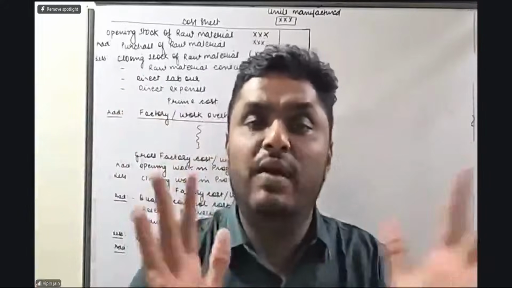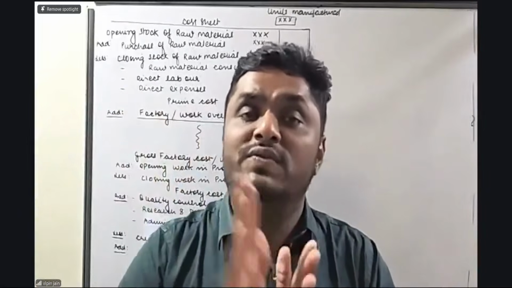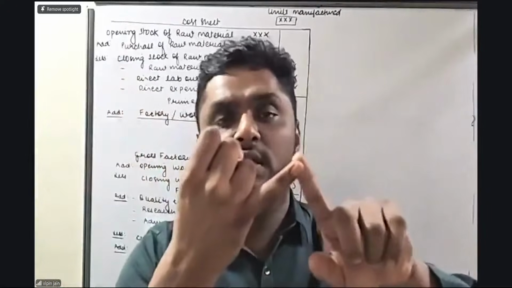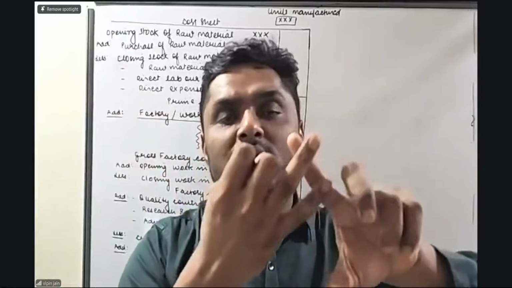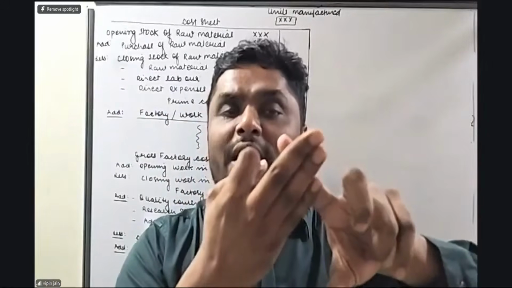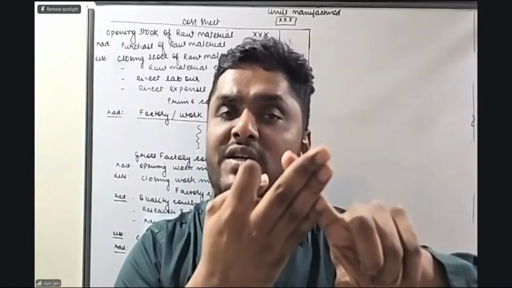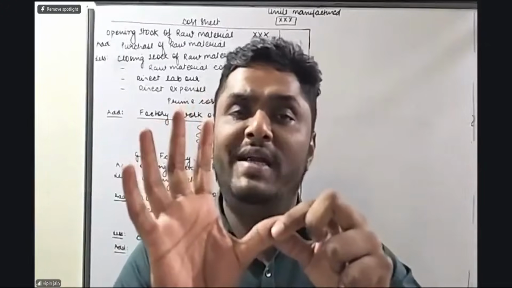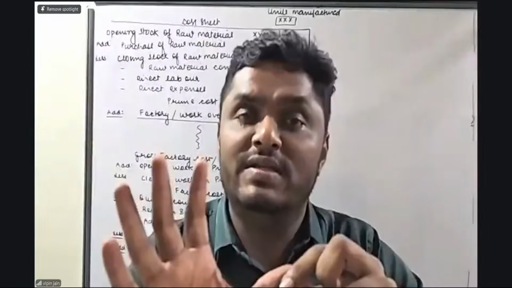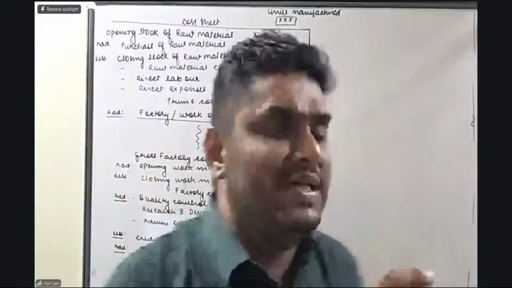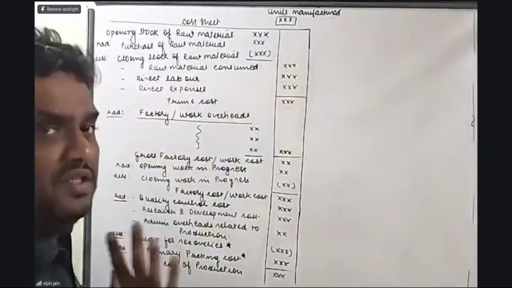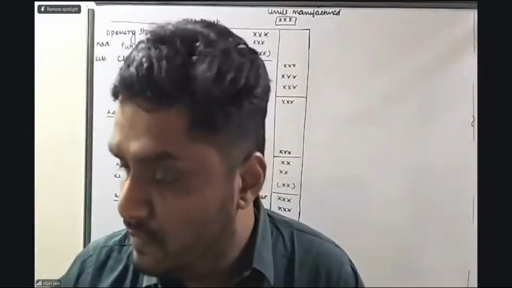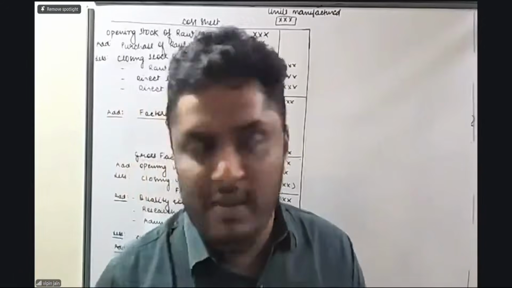Now, after calculating the factory cost or work cost, we have to make a few adjustments. First, quality control cost, research and development cost, administration overhead related to production, and primary packing cost. These items need to be added, and subtract what? Credit for recoveries. So after making these adjustments, we'll be getting what? Cost of production. Now let's proceed further.